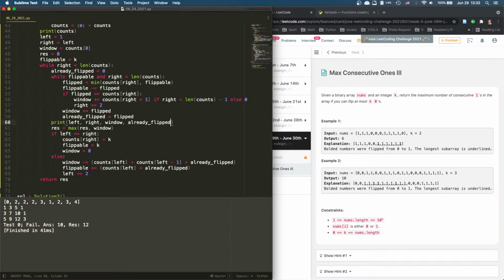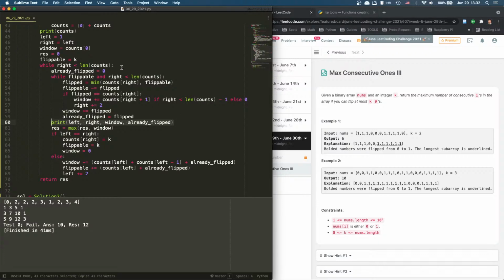So already flipped is 1. That's correct. We already flipped 1. And coming back up, window shall be 5 minus 2 minus 1. Window shall be 2. Yes, window shall be 2. Window is 2, I think. Let's do this.